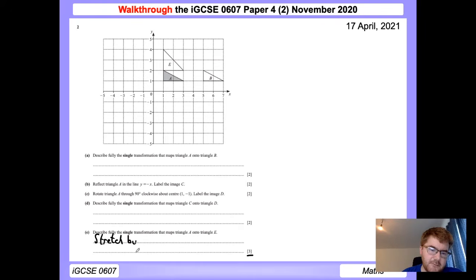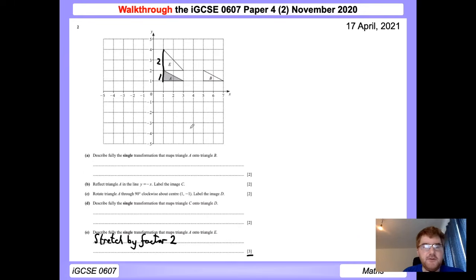So I'm going to put stretch by factor. Now let's have a look at this. Let's take corresponding sides. Well, this side is 1, and this side here in comparison is 2. So like an enlargement, we compare the sides and go, well, this is 1 and this is 2, so we must have a stretch of factor 2.